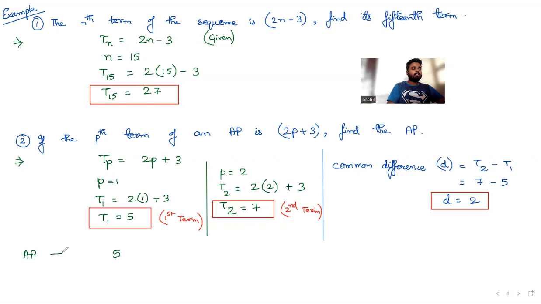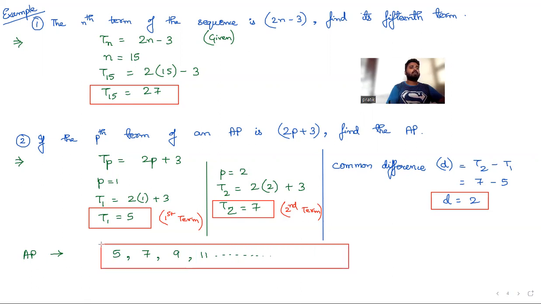The AP basically is 5, which is the first term. Next term is 7. Next term is 9. Then 11, because I just keep adding 2 to it. So till where do I stop? You just need to put a dotted line, because you don't know where you have to stop. They have not given the last term. So I think these are very common, very basic questions. In order to solve some difficult ones, you have to learn all these immediate questions.